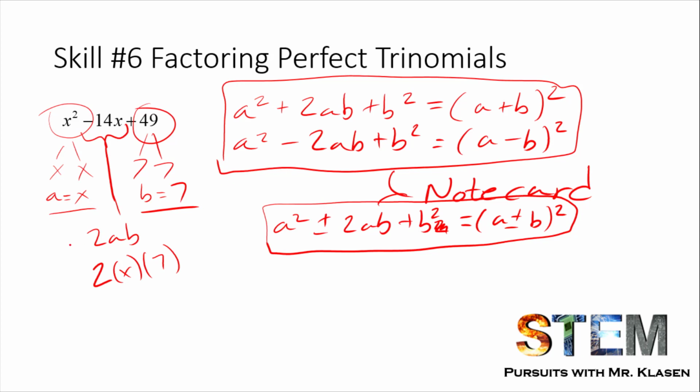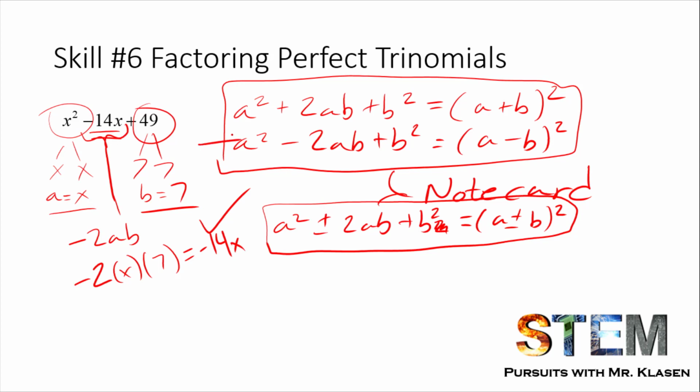And specifically, we're going to look at negative 2ab. And if you get negative 14x, which we do in this case, it matches up with what we have right here, then that confirms that it's a perfect trinomial. If you get something else, then it's not a perfect trinomial and you have to use a different method to crack this quadratic. But if you see that this is a perfect trinomial, we're using the negative variation.